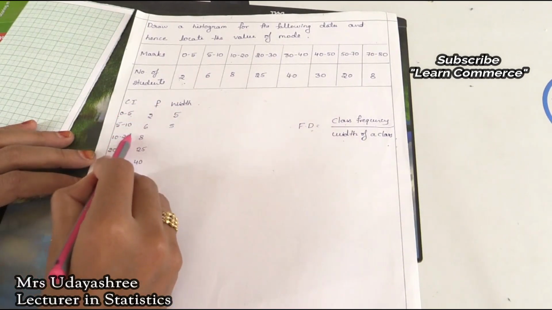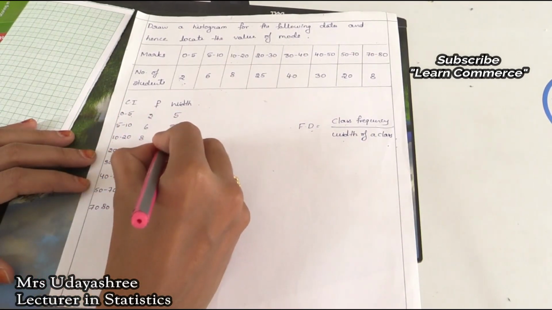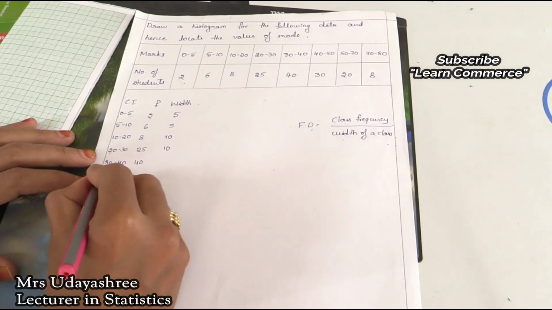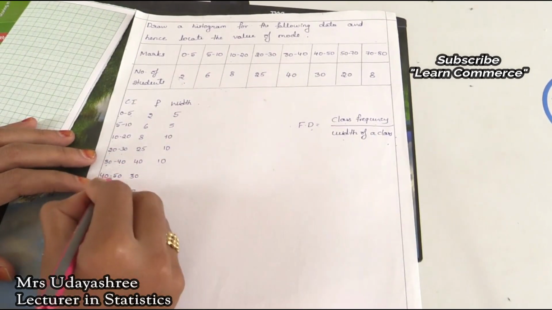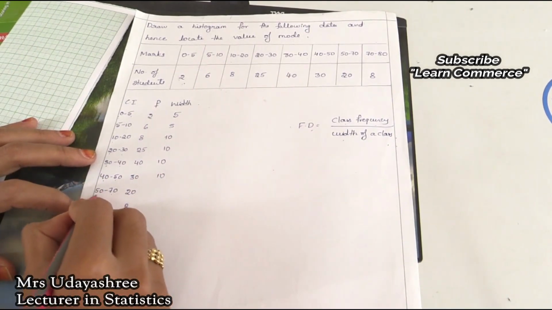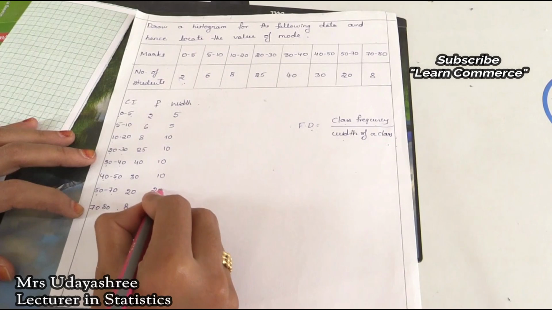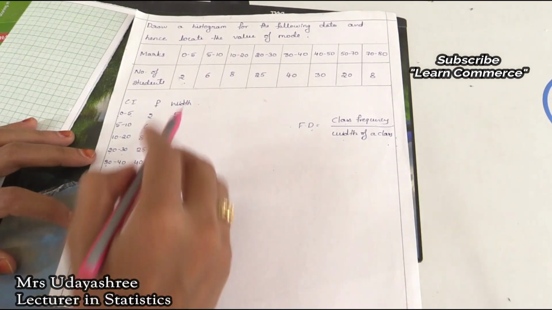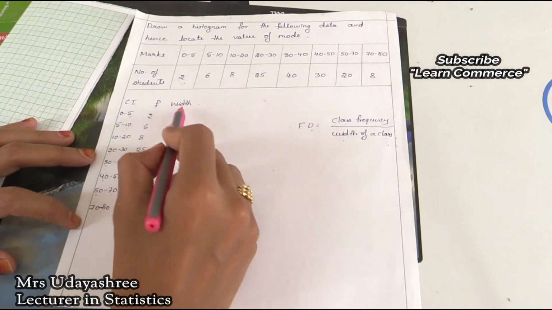Next, 20 minus 10, the width is 10. 30 minus 20, the width is 10. 40 minus 30, the width is 10. 50 minus 40, the width is 10. Then 70 minus 50, the width is 20. Then 80 minus 70, the width is 10. So we got the width of each class.